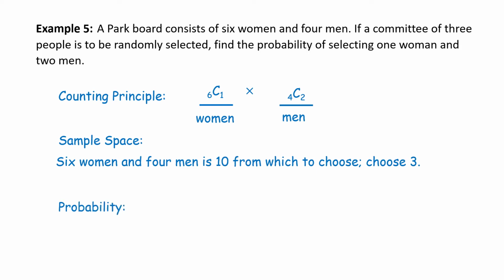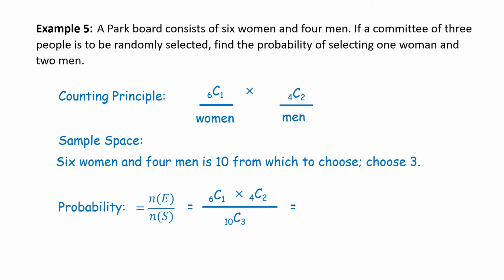So let's get ready to do our probability, which is the number of elements in your event divided by the number of elements in your sample space. In our event, it's 6 choose 1 times 4 choose 2. And we will divide that by the 10 people on the board. We want any 3, so that's a combination. 10 choose 3.